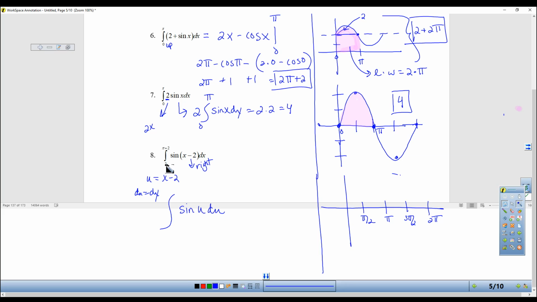And now when x is 2, what is u? 0. Because 2 minus 2 is 0. And what is u when x is pi plus 2? So when x is pi plus 2, u is pi.